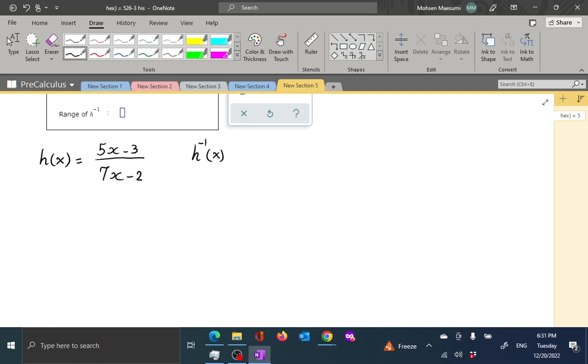What does that mean? Here's a formula for finding a certain output. x is the input and the output is called h of x. Let's simplify by writing y for that, so we have less to write: y equals 5x minus 3 over 7x minus 2.